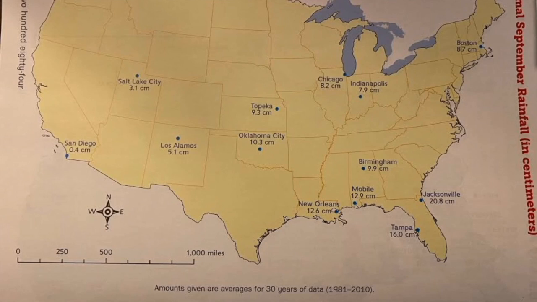So we see New Orleans has 12.6, Mobile has 12.9, Tampa has 16, Jackson has 20.8. So if we look here at the compass, we see that the southeast gets the most rain, which is Jacksonville, Tampa, Mobile, and New Orleans. So right over here by Jacksonville.